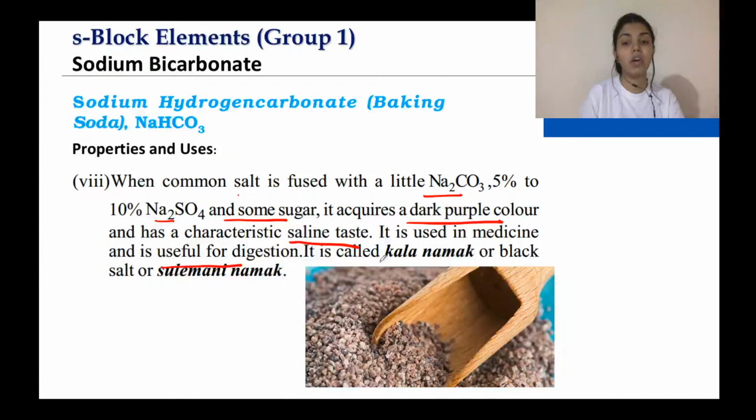In Hindi it is called kala namak or black salt or Suleimani namak. You must be using it at home also. So common salt, NaCl, when you fuse it with Na2CO3 and add some sugar and 5% to 10% of Na2SO4, you get this Suleimani namak, kala namak or black salt, which is used for improving digestion.